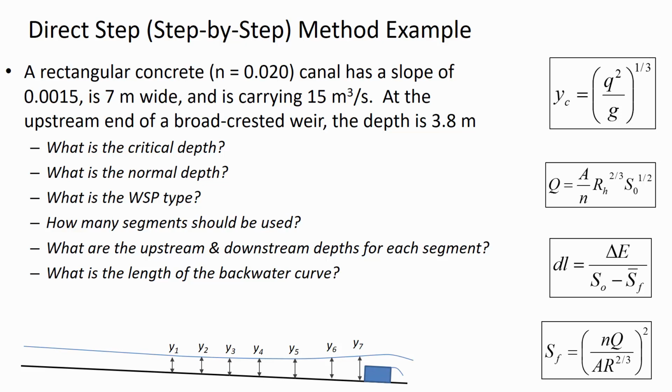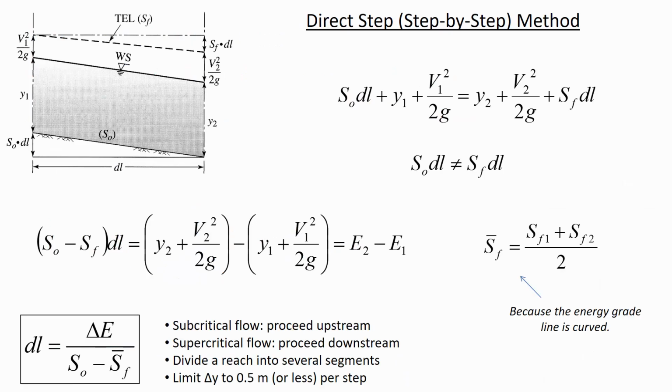Because when we apply this method, we have to know the Y1 and the Y2 for both of them. You're already defining the depths, but you're just finding out the length between the two depths.